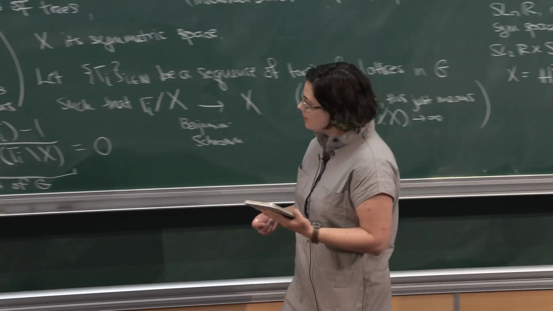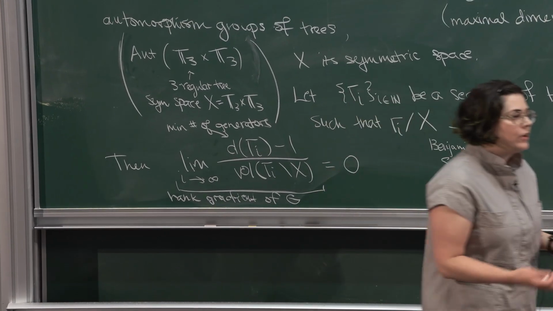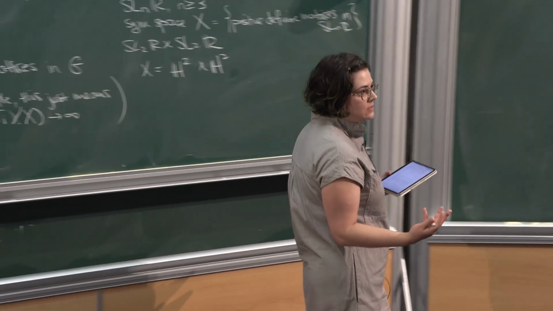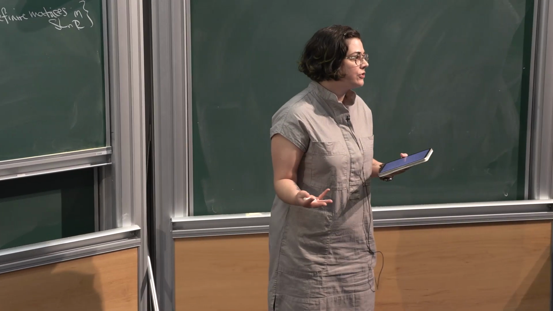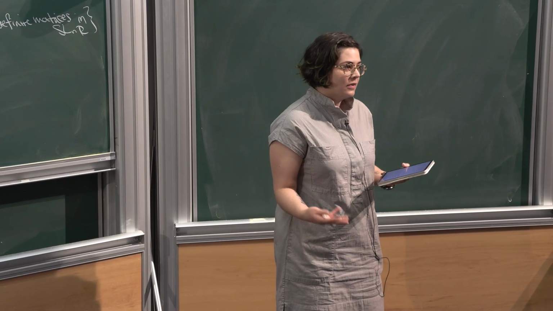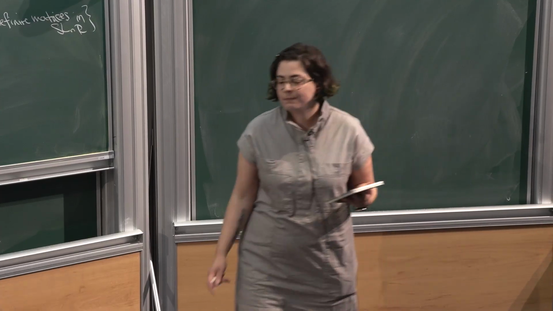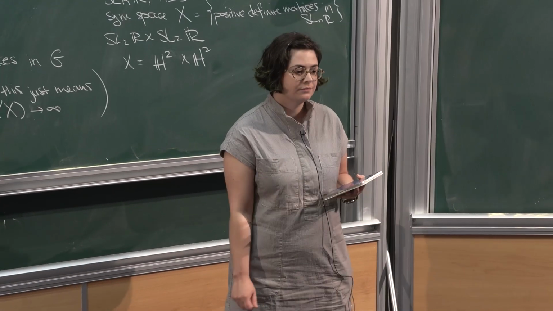Okay, that's a good question. I'm not sure how to answer this. But I do know the automorphism group of trees has a similar structure to a semisimple Lie group. As far as what a lattice is, a lattice is a discrete group of finite covolume.